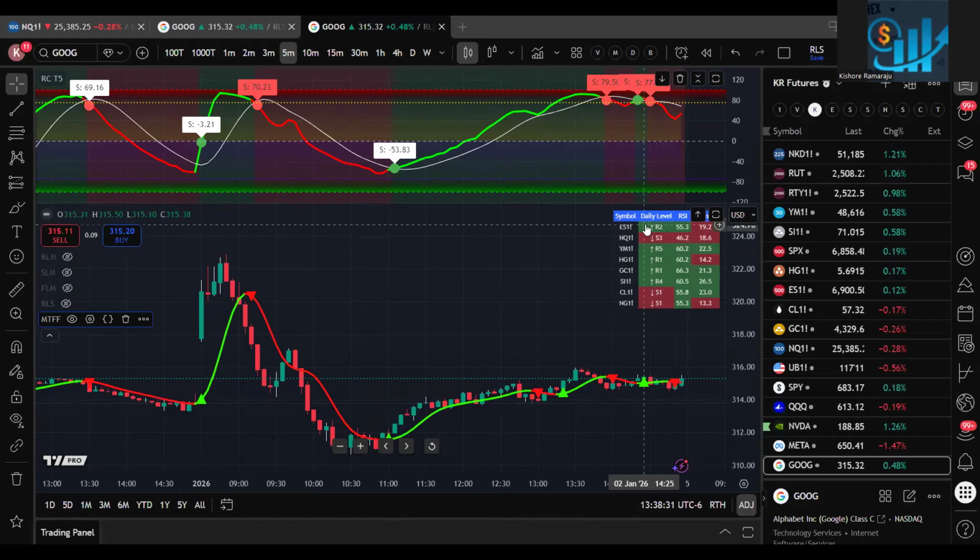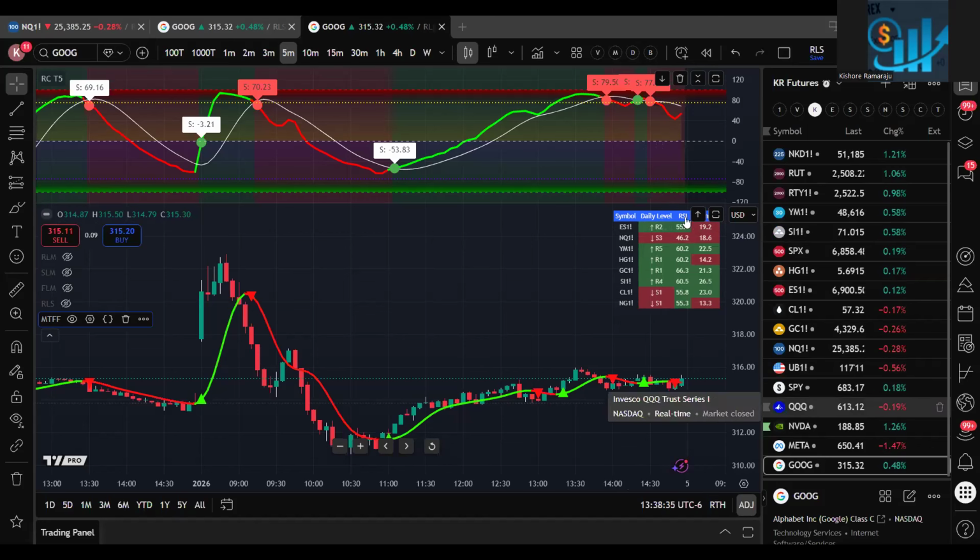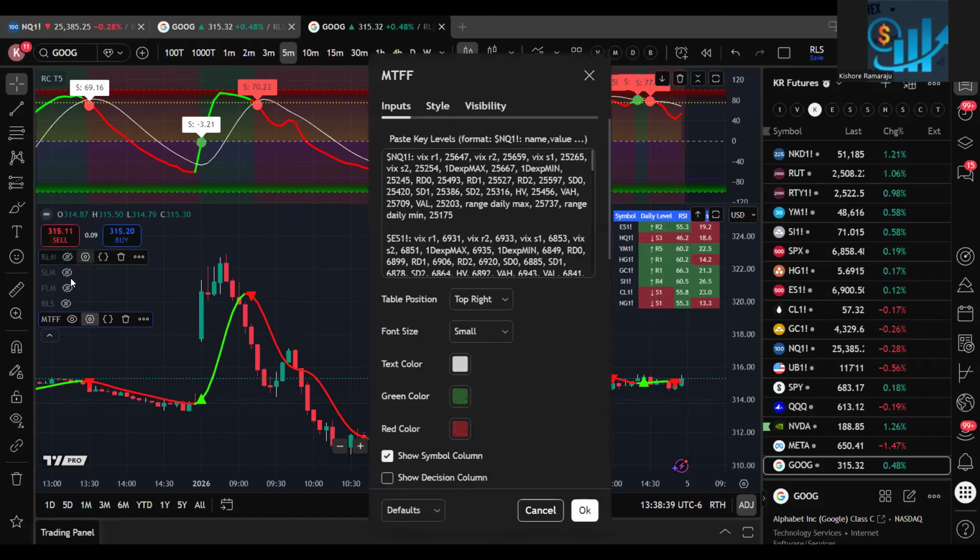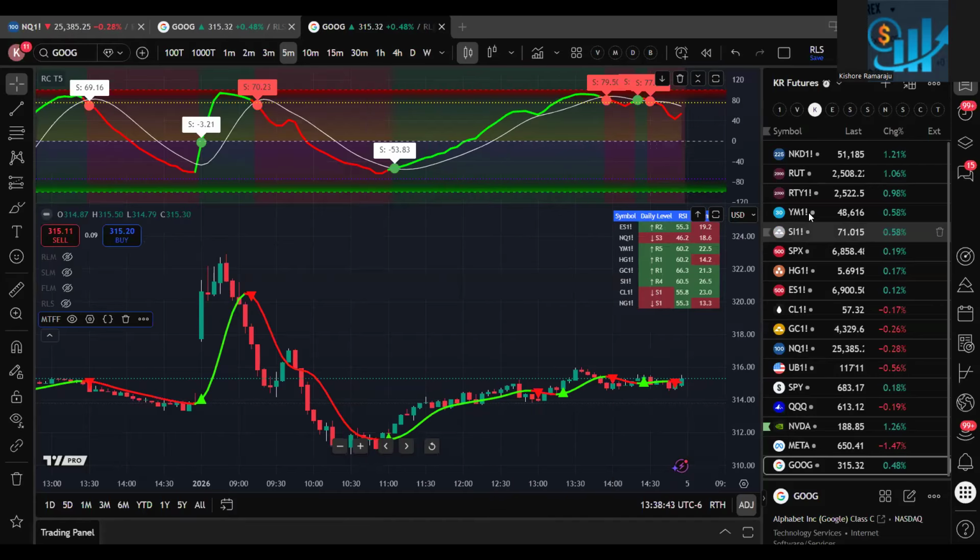Then you know that there can be a huge possibility, right? You don't need to go to tickers one by one. By just adding those levels, just like whatever levels we pasted in FLM or RLM, you paste the same levels here. So instead of going to each one to know which one can reverse, by looking at this table, if you have some R7, R8, or S7, S8, then you know that there is a high possibility for a reversal.